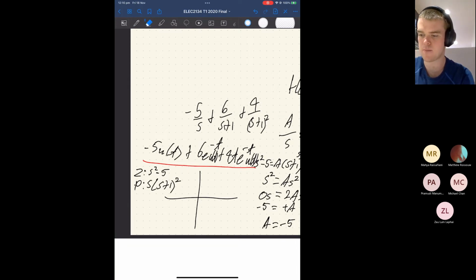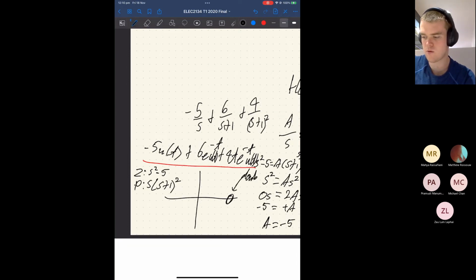So for the zeros, we have root 5, a double zero at root 5 here, so we will go here twice, and the same double at minus root 5.